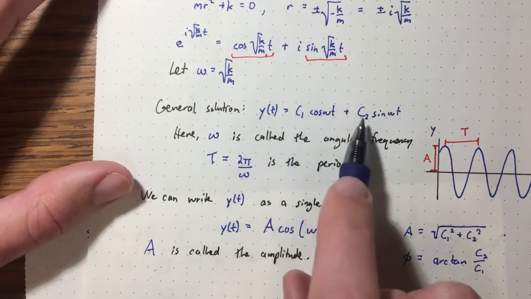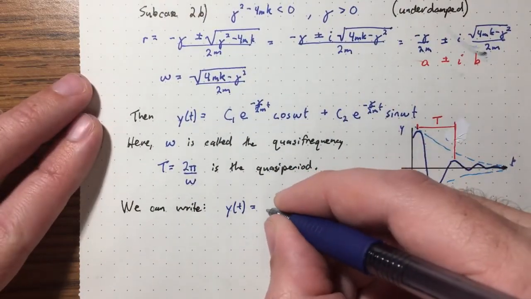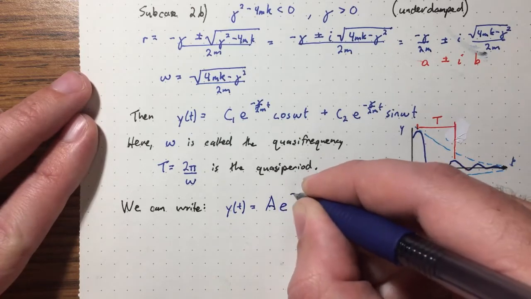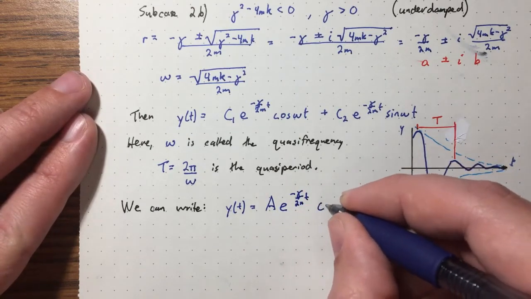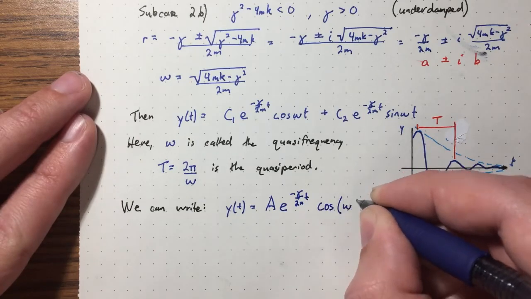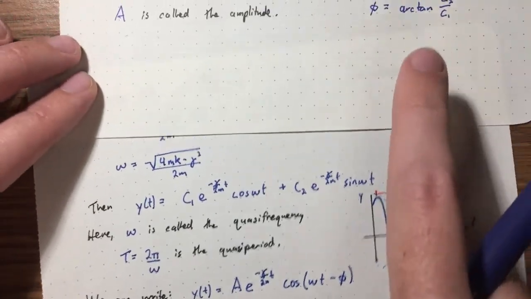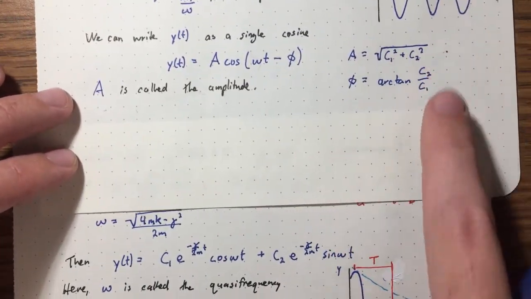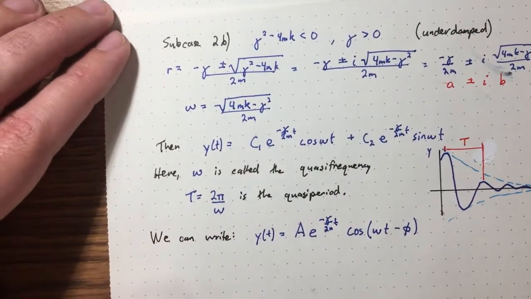I get a c1 cosine plus c2 sine. So we can actually write this as A e to the negative gamma over 2m t times a single cosine, for example, where again, A and phi are the same formulas here. Right, so A is the square root of c1 squared plus c2 squared.